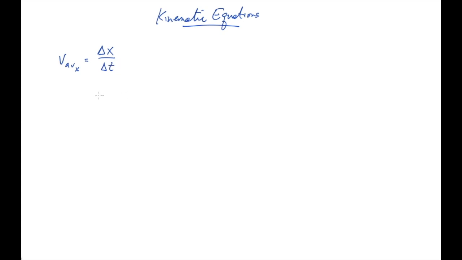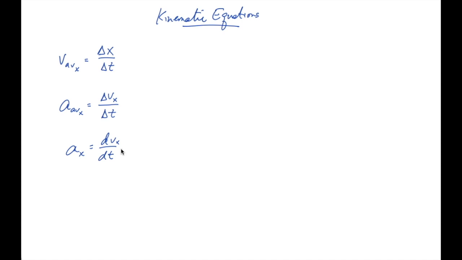We also need the average acceleration, x component, change in x component of velocity over change in time, and we need the instantaneous acceleration, x component, derivative of velocity, x component over time. Okay, these 3 definitions from our kinematics will be enough to give us the kinematic equations that we need.